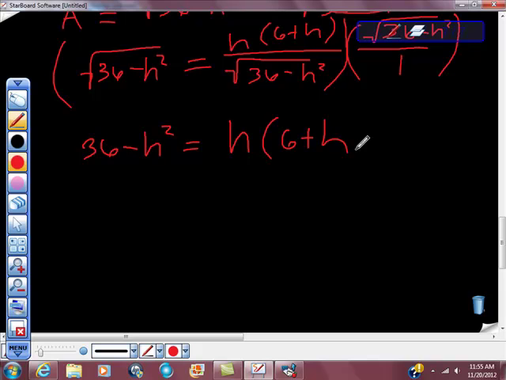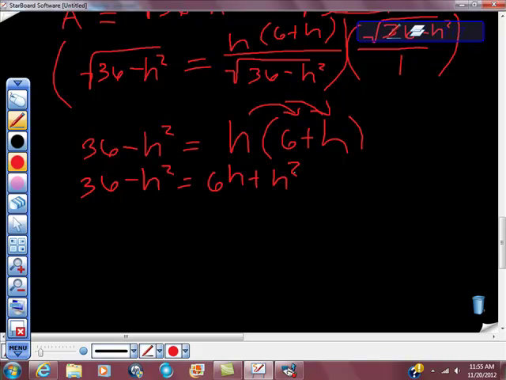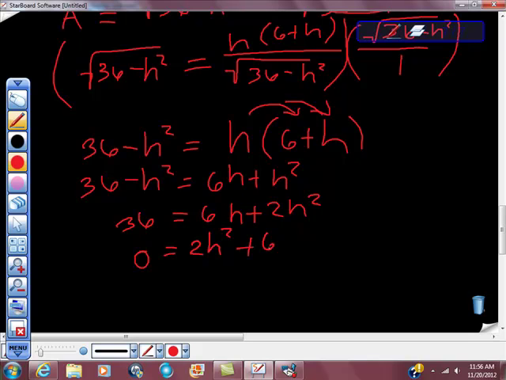So from there, I'm going to distribute. I'll have 36 minus h squared is equal to 6h plus h squared. And I will end up with 36 equals 6h plus 2h squared, and we can set this equal to 0. 0 equals 2h squared plus 6h minus 36.